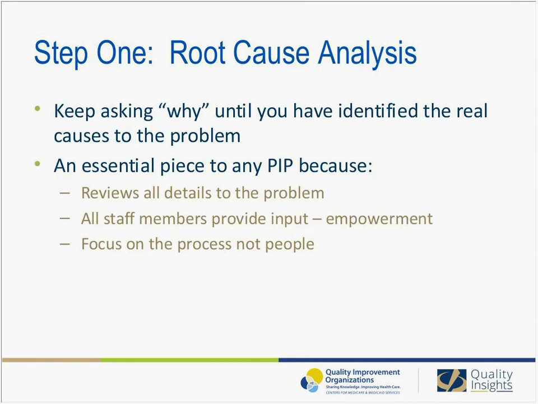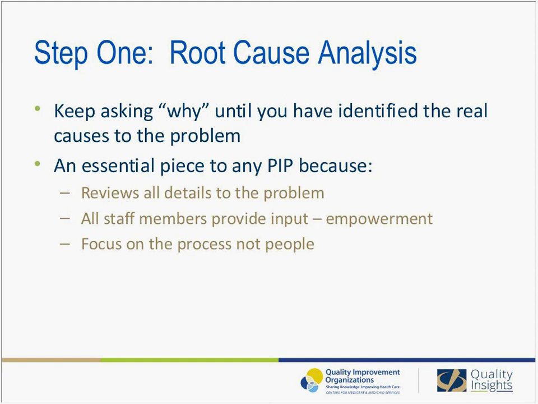So step 1 in the typical performance improvement project, you want to do a root cause analysis. You'll keep asking why until you have identified the real causes of the problem. Now, it's an essential piece to any project because, number 1, it reviews all of the details of the problem, all the pieces that might be driving your fall rate.